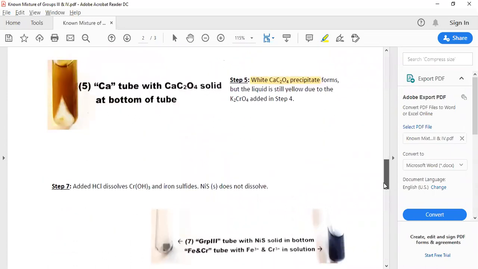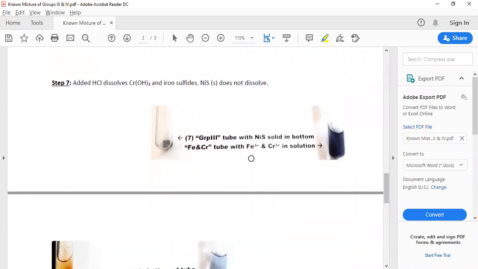And now what we had here was this pellet that had the nickel, iron, and chromium precipitates. And remember that what we did was essentially our acid dissolving. Here it is. Added acid dissolves chromium and the iron. So at this point, you've separated, right? You can see here is the nickel sulfide solid.